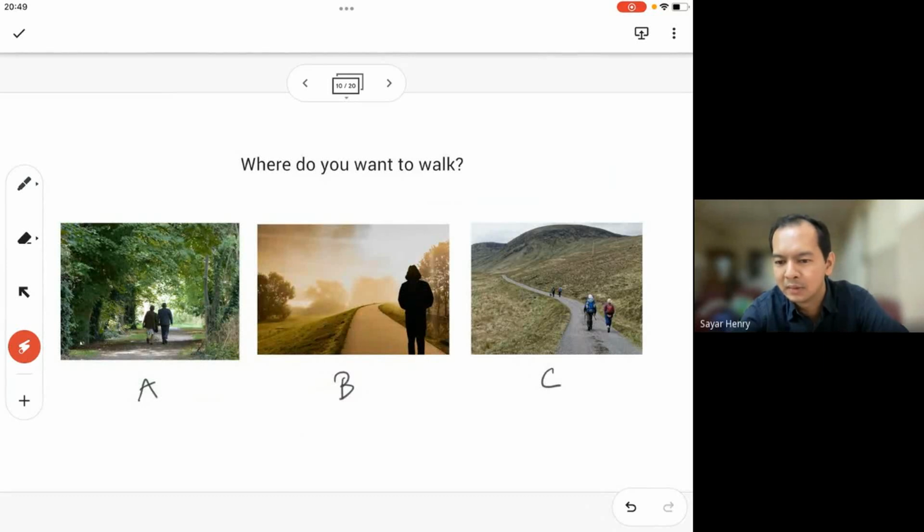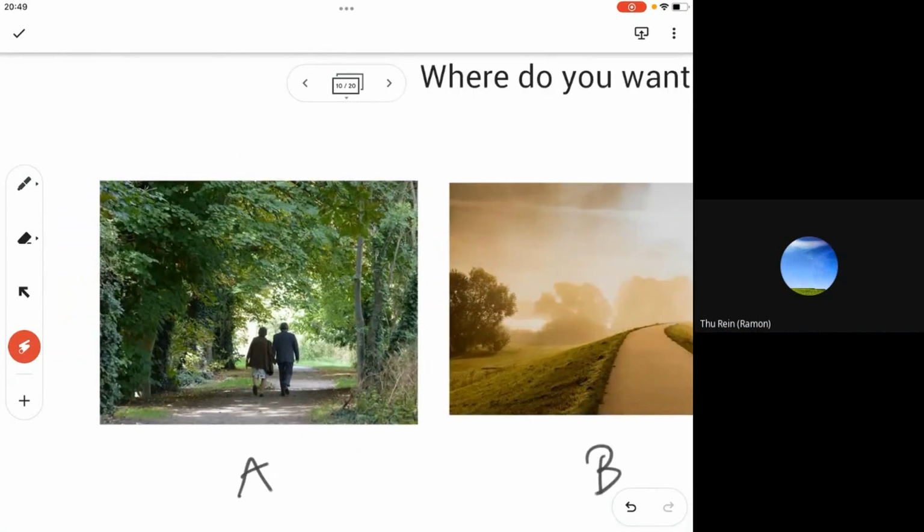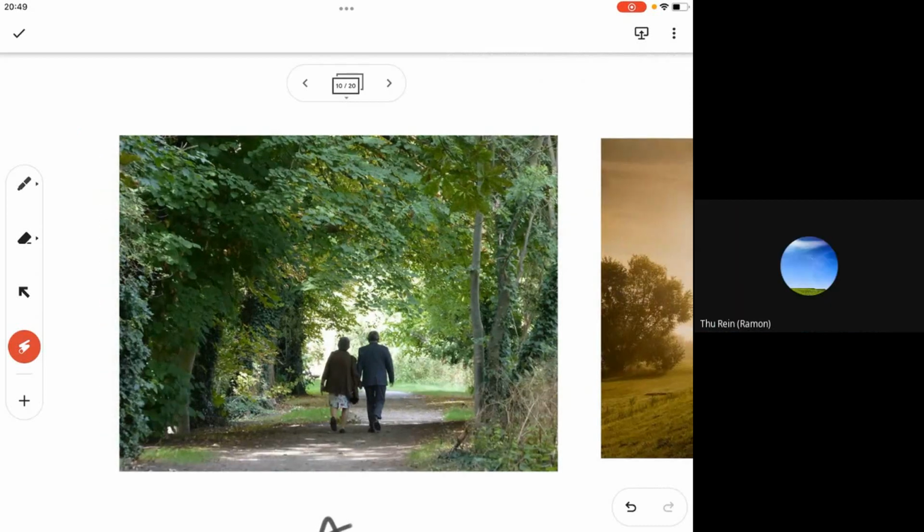What about Touraine? Have you made your decision? Yes. For me, I would like to walk in picture A, because I see the old couple walking while gripping each other's hand, and I see many trees in the green environment.